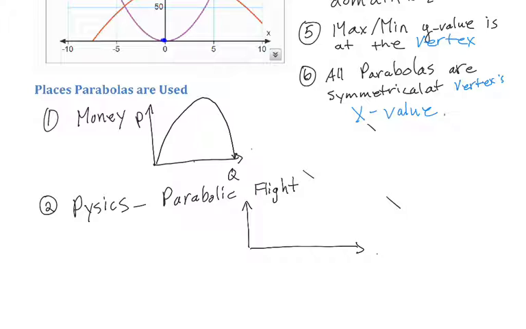Imagine we decide to kick a ball into the air or along the ground. You'll notice that as time passes, the ball rises, reaches a maximum, and then comes back down at exactly the same rate. So if we actually had a time and height graph, it would look like a parabola.